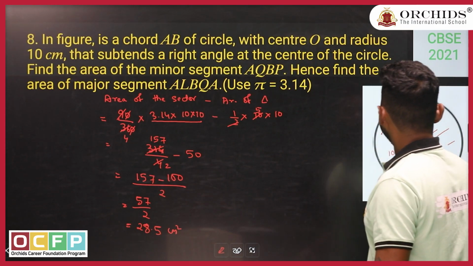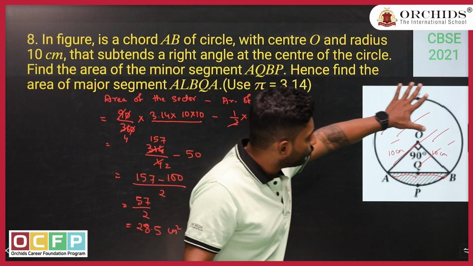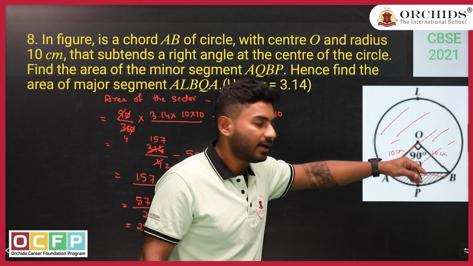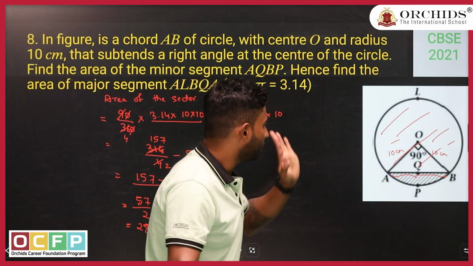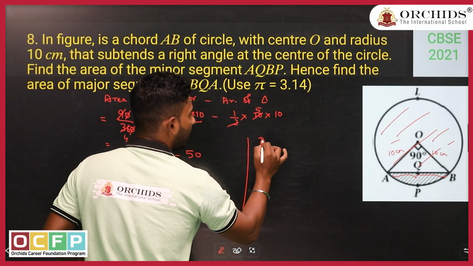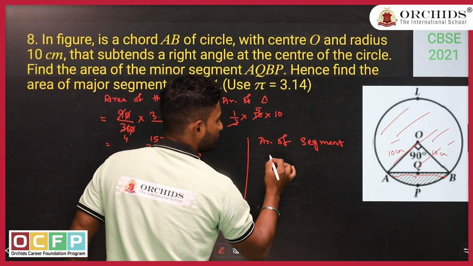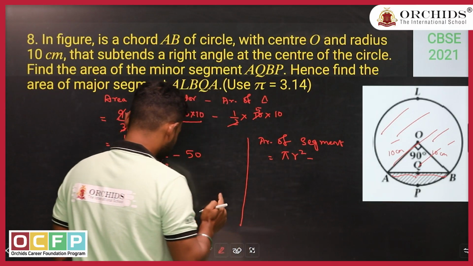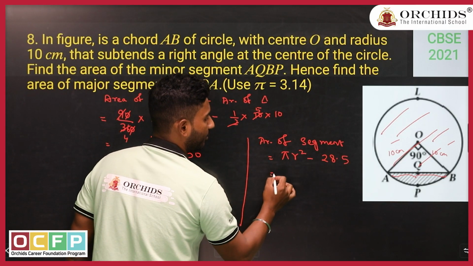Similarly, you can find out the area of the major segment also. How? If we know the area of the whole circle, and if we subtract this particular segment, can we get the other segment? Yes. So let us find out the area of the whole circle. So first portion is done. Now the area of the major segment will be the whole area, pi r square, and then we have to subtract 28.5 from it.